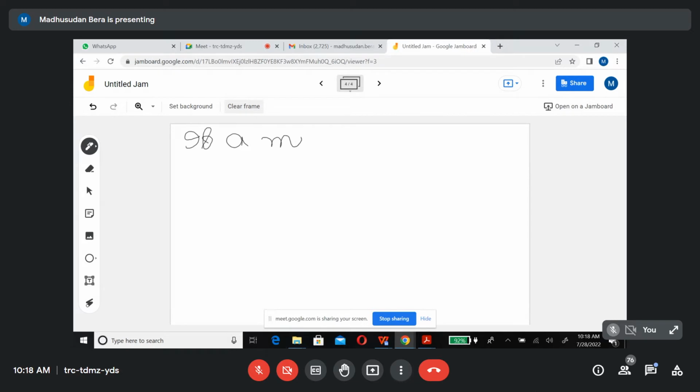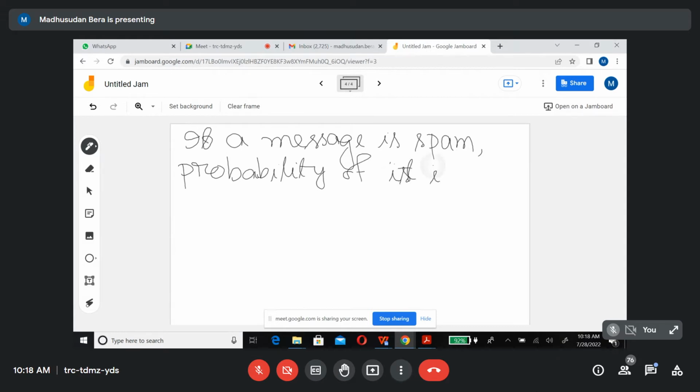Spam is B, so B is given. Account 1 is A1. So you have to find P of A1 given B. Is this okay?